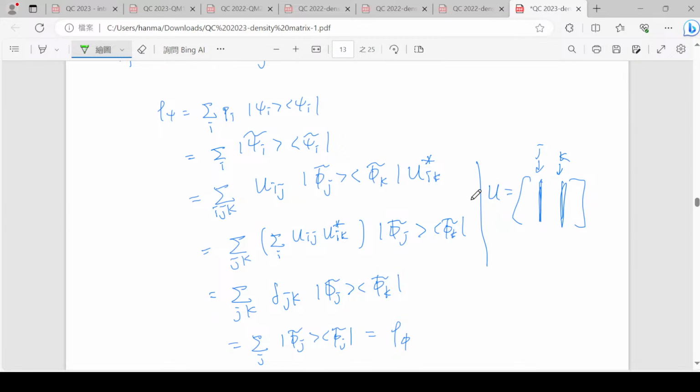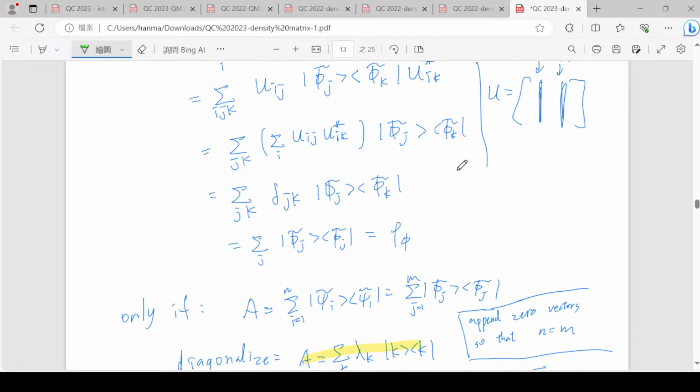Maybe we didn't say this, but the property of a unitary matrix is that all the columns are also orthonormal to each other. So when we take the inner product of those two columns, the delta function is equal to 1 only if j equals k. So it's delta jk.